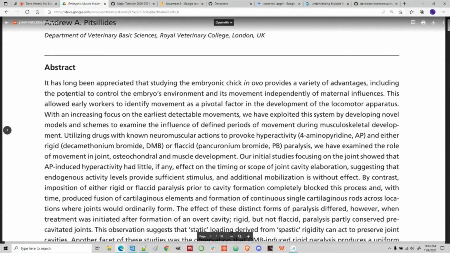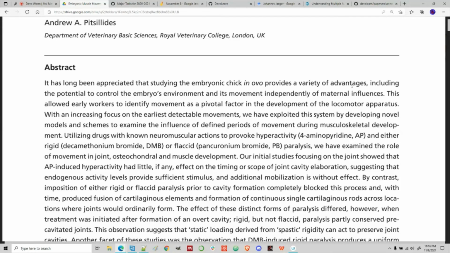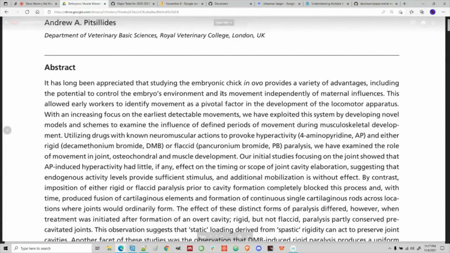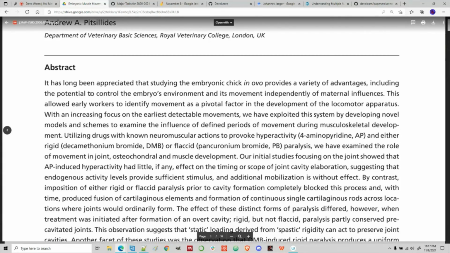The abstract reads: it has long been appreciated that the study of the embryonic chick in ovo provides a variety of advantages, including the potential to control the embryo's environment and its movement independently of maternal influences.